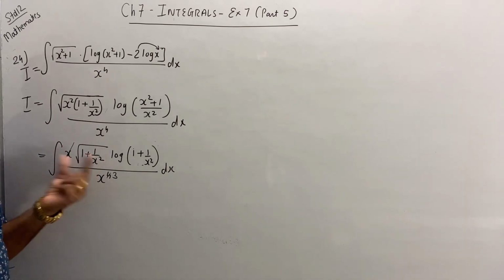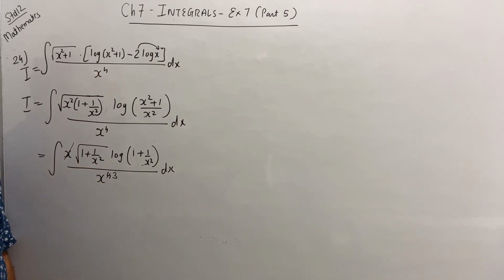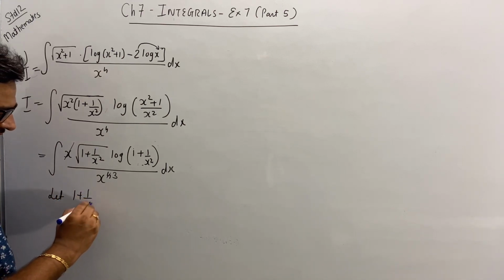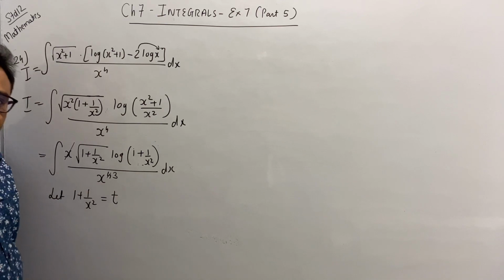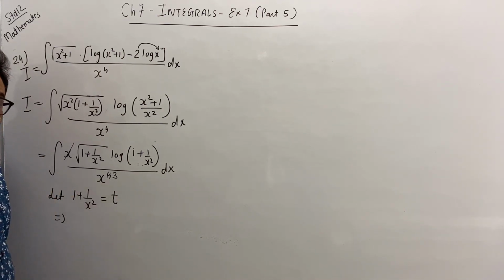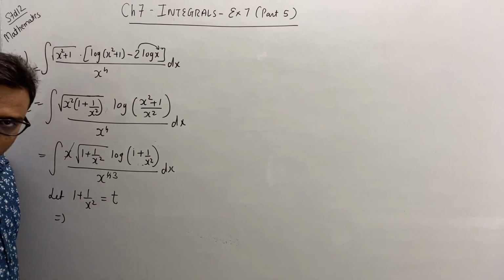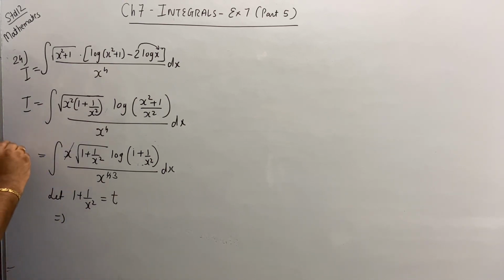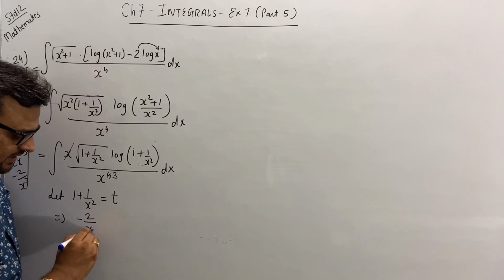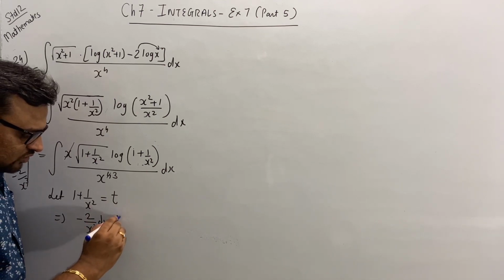Now you can assume this 1 plus 1 by x square. See, let 1 plus 1 by x square equal to t. Now differentiate it. Derivative of 1 is 0, and derivative of 1 by x square, that is x raised to minus 2, is minus 2x raised to minus 3, minus 2 by x cube. So minus 2 by x cube dx equal to dt.